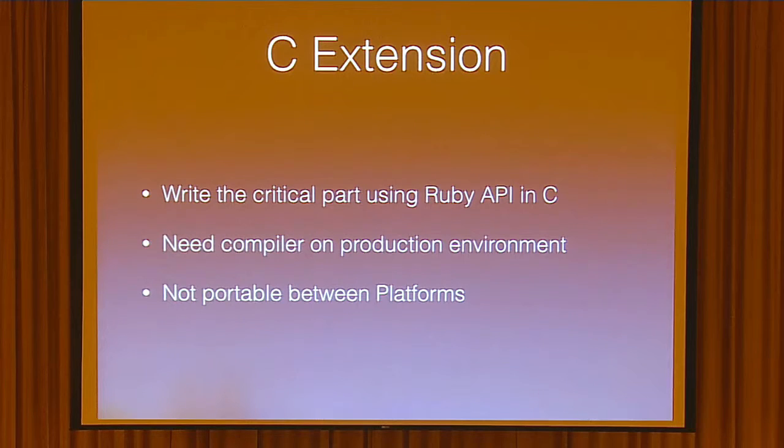But you need a compiler on the production system. We usually don't want a compiler on the production system because it might cause tons of trouble, and it's hard to deploy. Because it needs a compiler, it's also not portable between platforms.